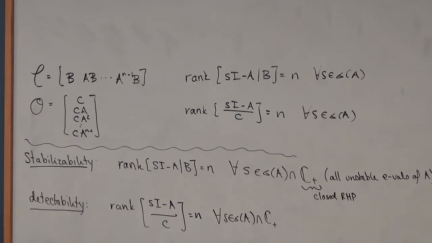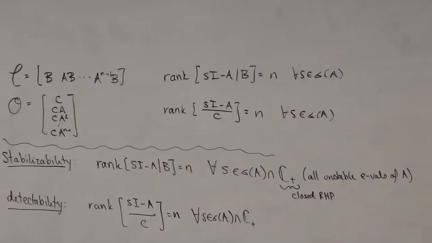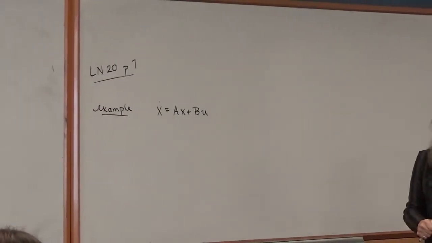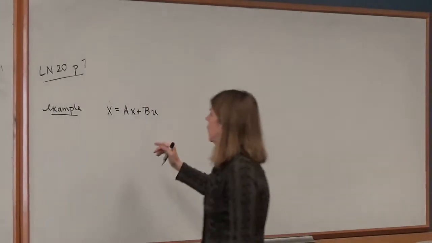I mean, typically you'd want them to be stable, but let's be general now, and ask when can we use an input u to place the eigenvalues of the closed loop system anywhere in the complex plane? We're going to be a little more specific, motivated by some earlier work that we did in LQR, where we looked at state feedback, and also by our more recent lectures on state feedback and the preservation of controllability under state feedback.